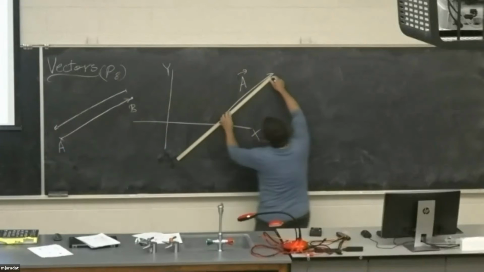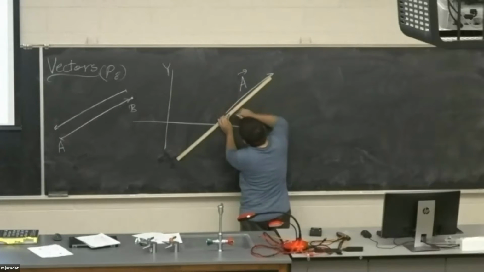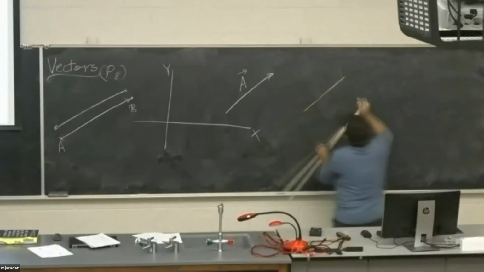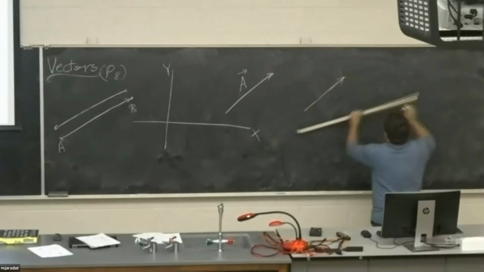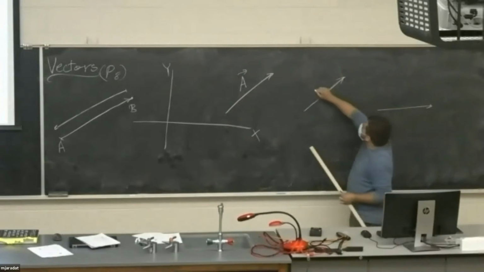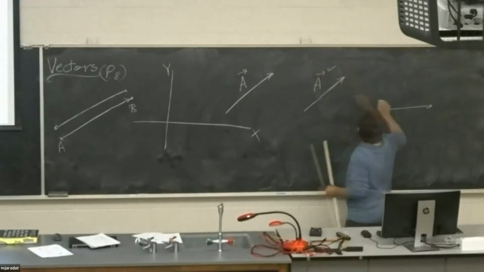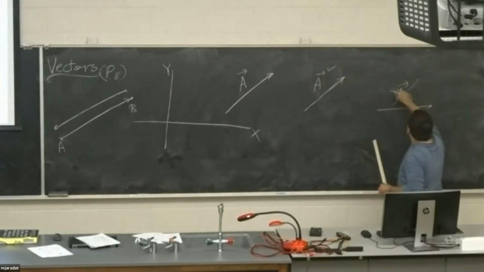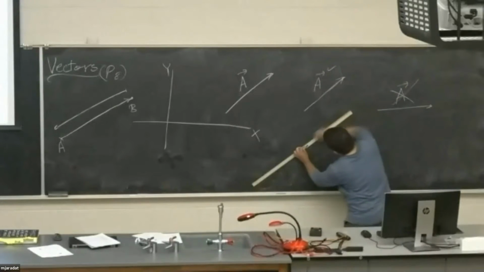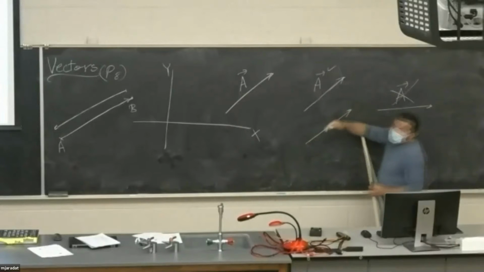I just need to keep its length and its direction. This is my vector. I cannot draw it like this. This is not A. This is A. I can move it to A. I need to keep just its length and its direction.